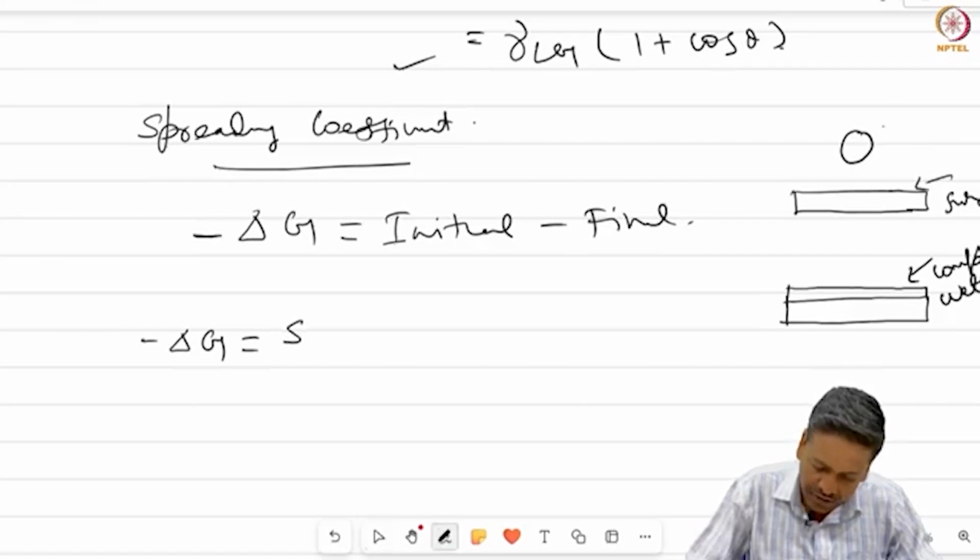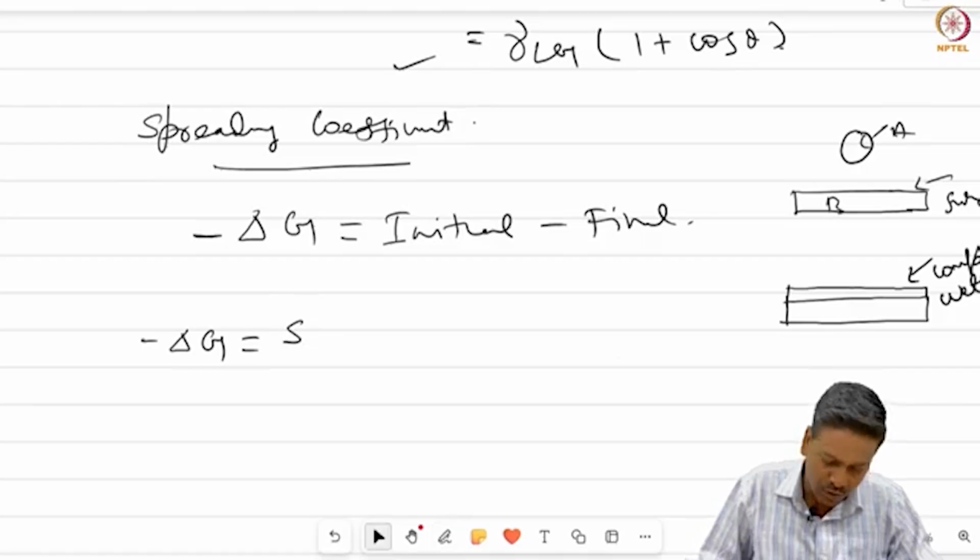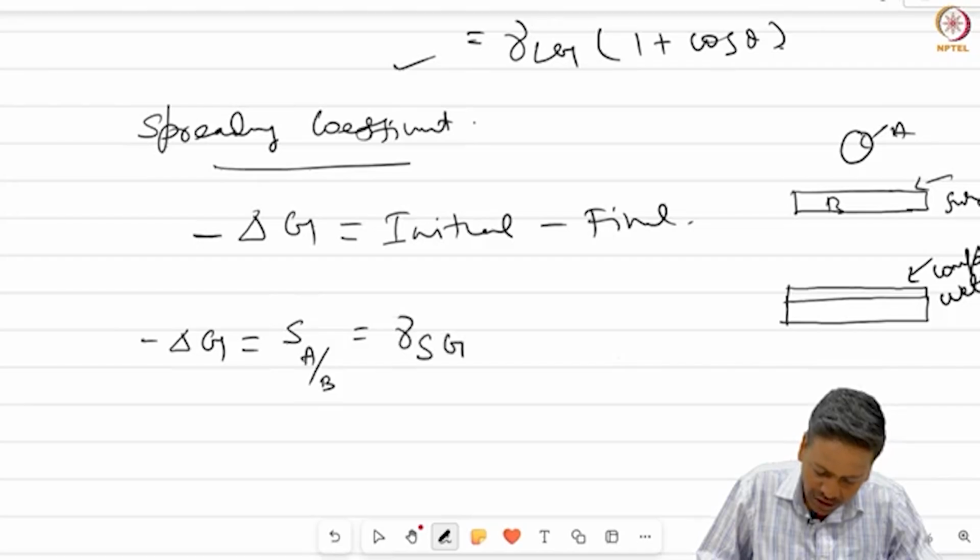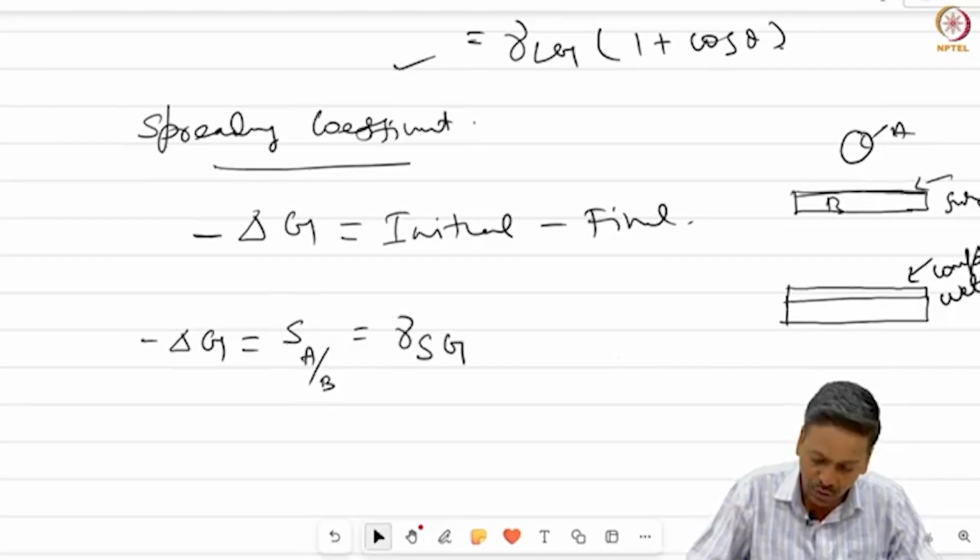Let's say I call this A and this one B. What is the spreading coefficient of liquid A spreading on surface B? In this case, initial minus final. My initial configuration is simply gamma Sg, because this surface is associated with the surrounding.